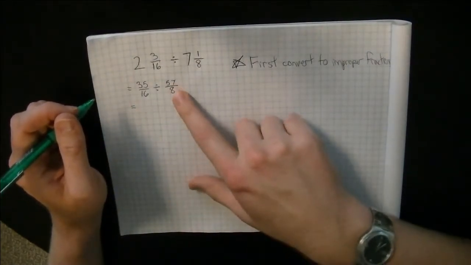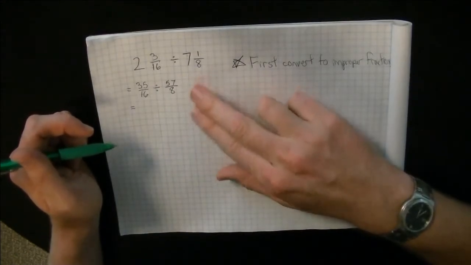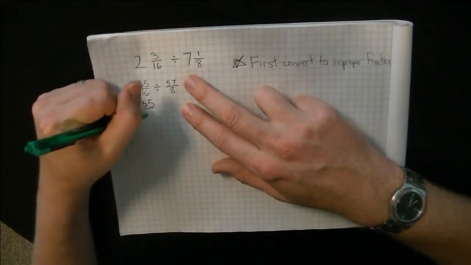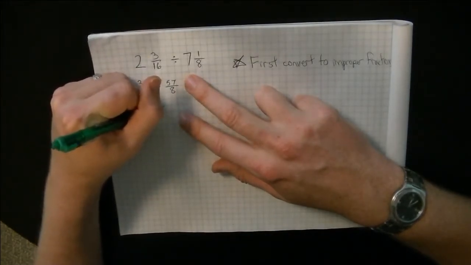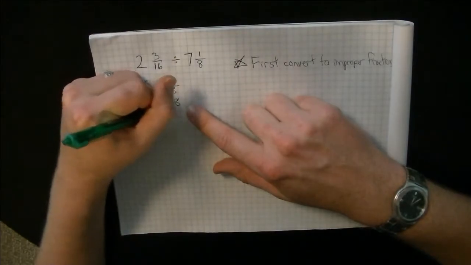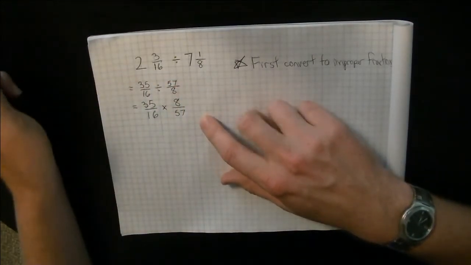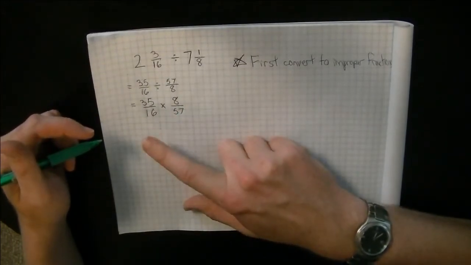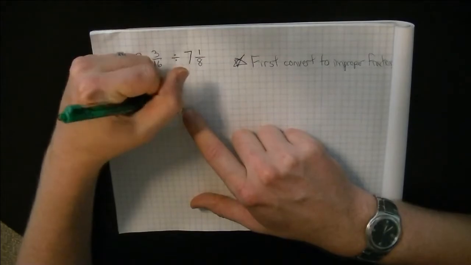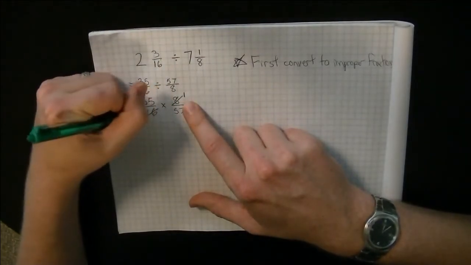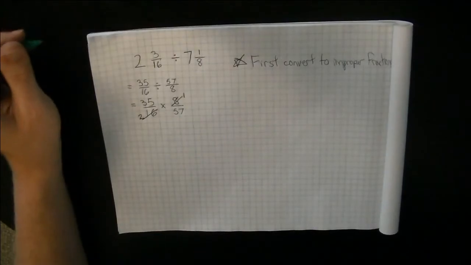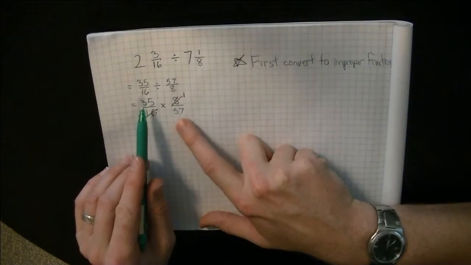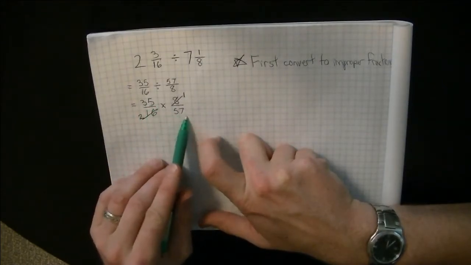So now we're going to do the division, so that means we're going to reciprocate the number we're dividing by. So this is now 35/16 times 8/57. All right, so 8 happens to go into both 16 and 8, so we can do a cancellation. 8 goes into itself once and into 16 twice. And now we look, are there any numbers that go into 35 and 57?